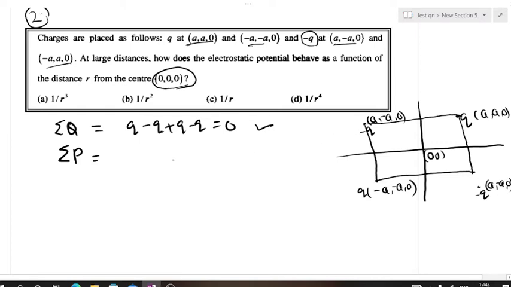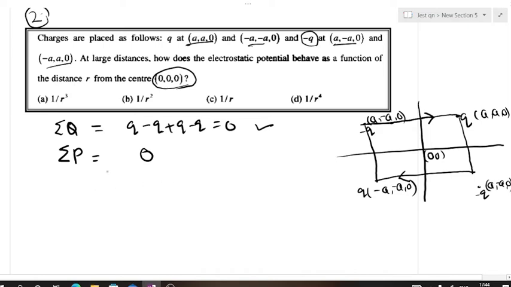We don't have to write out each one. In the symmetric case, this is a square, so we can draw like this. The dipole direction is from minus to plus, so the dipole direction is this, and for this minus q to plus q, the dipole direction is this. So the dipoles are in opposite directions and cancel each other. So the dipole is equal to 0.